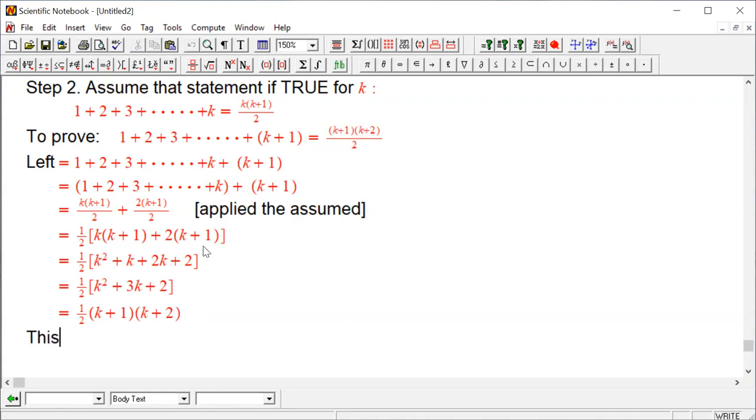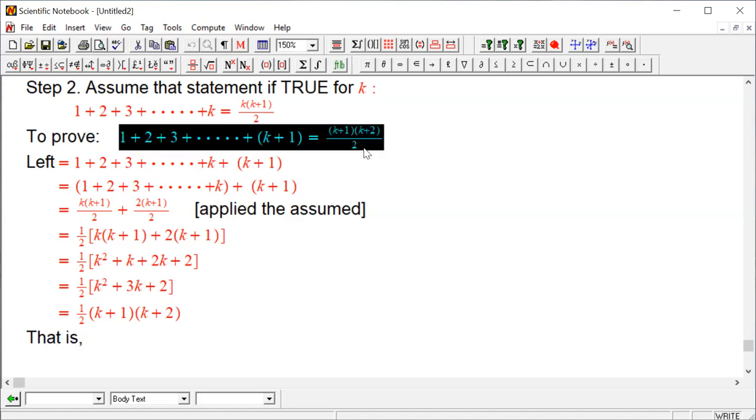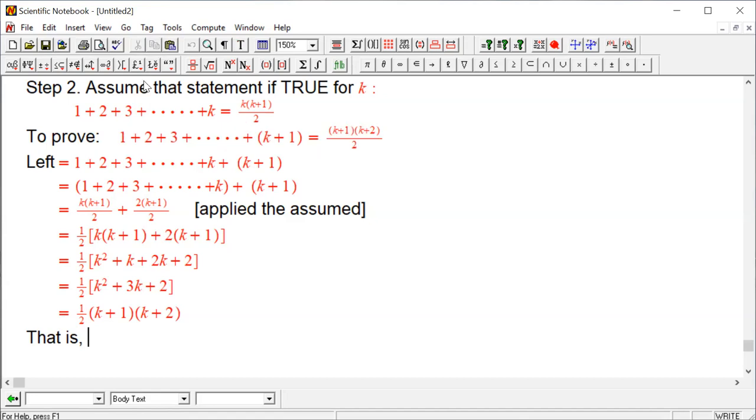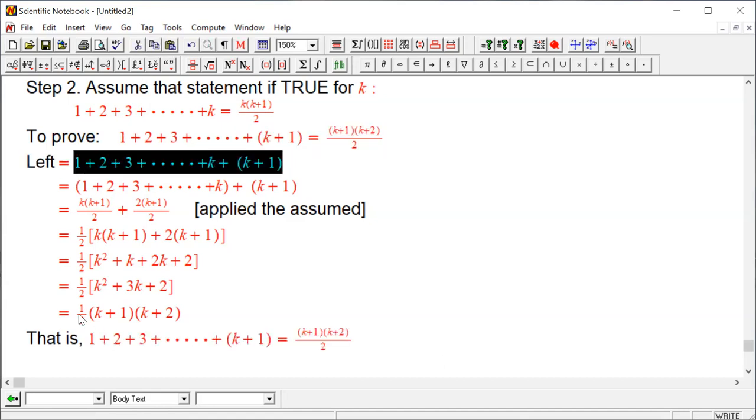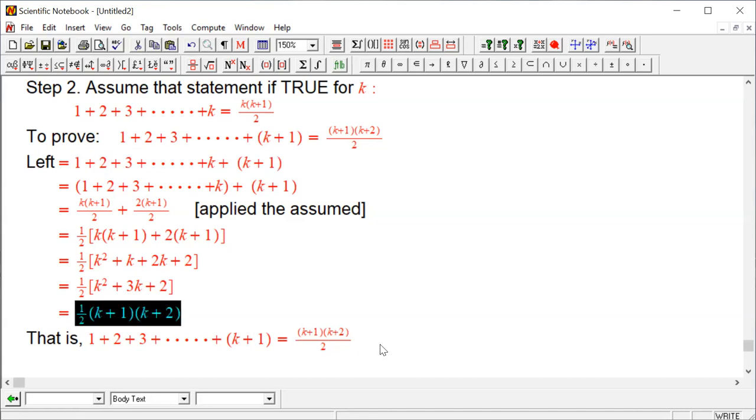Then you say, right, we have proved it. We start from the left-hand side, we ended up on the right-hand side.